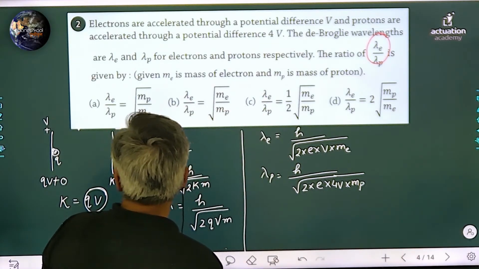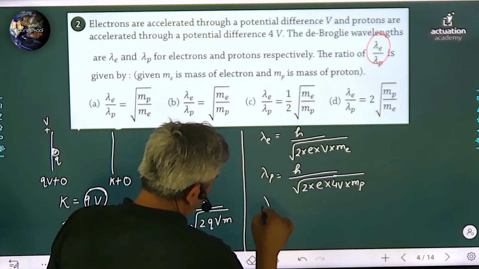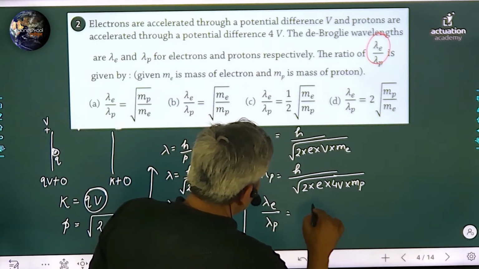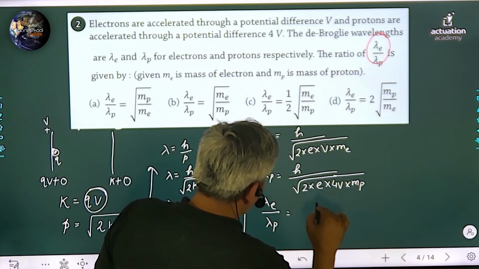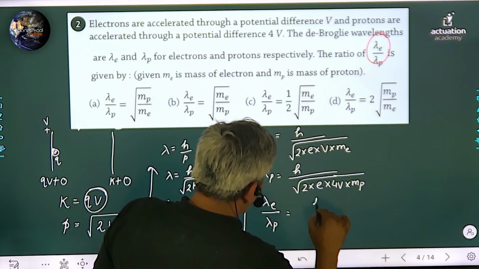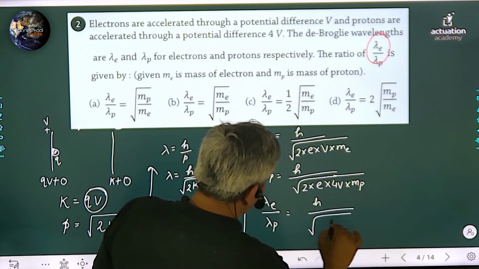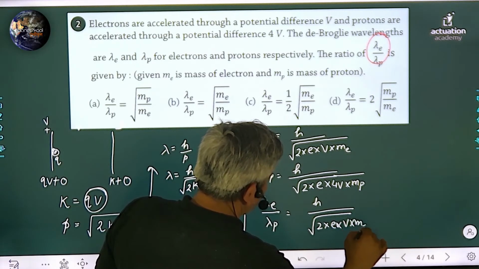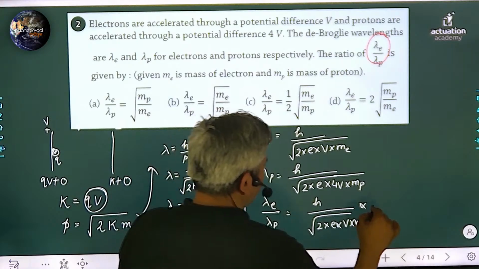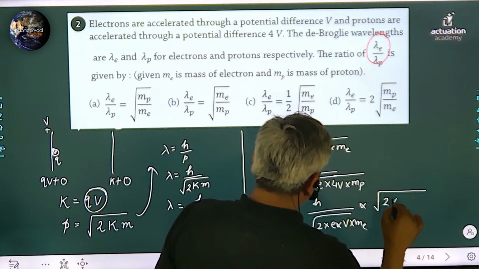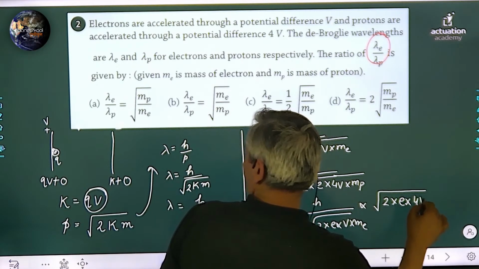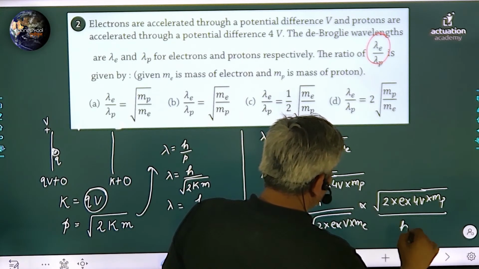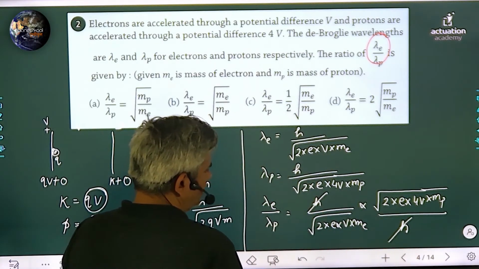Now we can easily write the ratios. Lambda e over lambda p can be written as h over under the root 2 e v mass of electron, into under the root 2 times e into 4v into mass of proton over h. Okay, h and h cancel out.